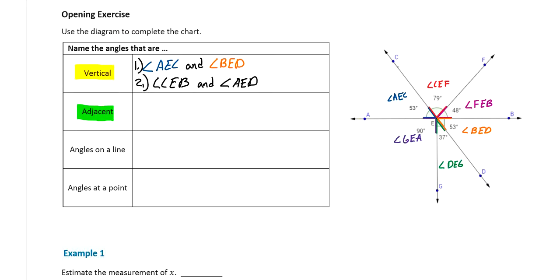So let's see, right here, here's a side. So first pair could be angle AEC and angle CEF.